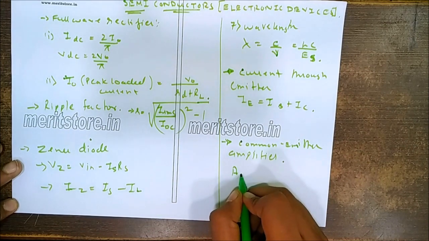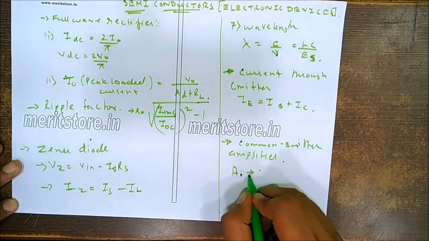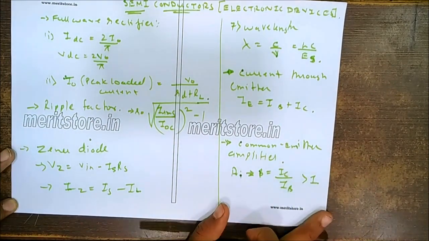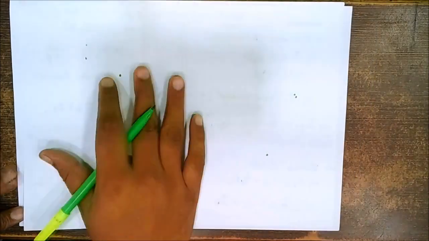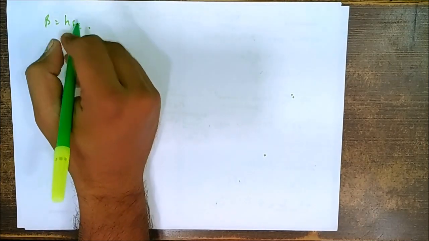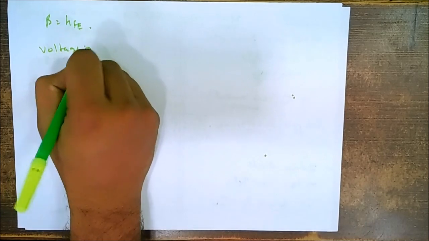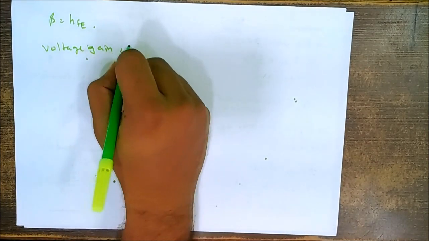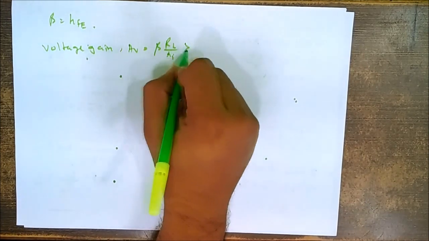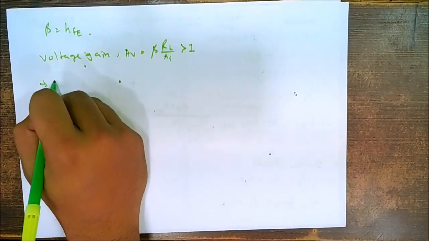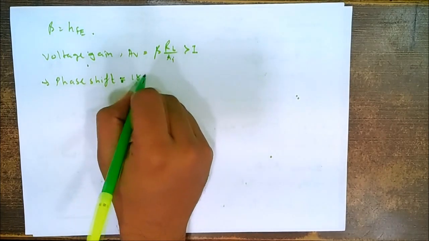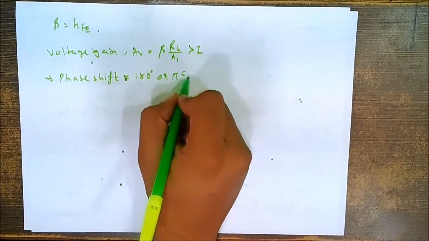Current gain, that is AI, is equal to beta, is equal to IC upon IB, greater than 1, and we can say beta is hFE. Now voltage gain, AV is equal to beta RL upon RI, greater than 1. Then we have phase shift, that is 180 degrees or pi radians.